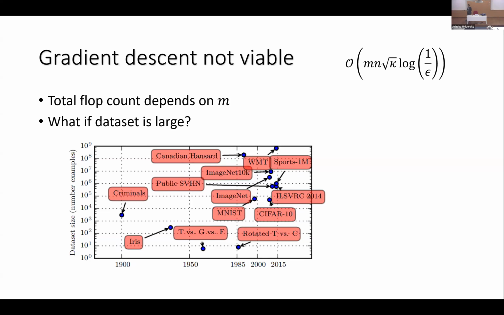It's not possible to run gradient descent at all. Even toy data sets are also very large, right? So if the data set is large, I don't want m times n flops per iteration, because if I take 10,000 iterations, then 10,000 times that many would be the flop requirement. So I want to reduce that. This is the motivation for stochastic gradient descent.